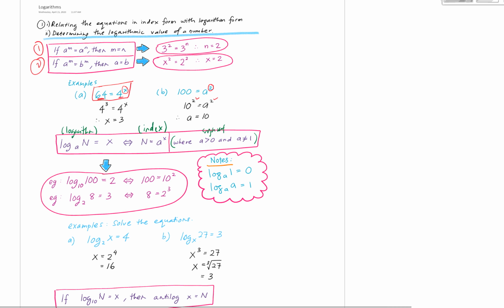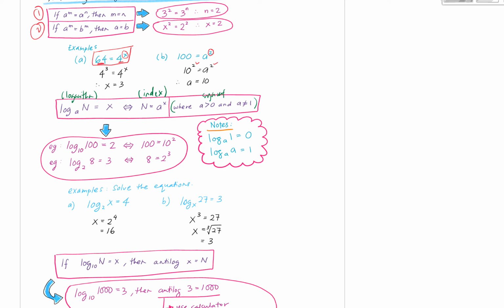Kita tak boleh selesaikan logarithm yang mana log ni involve negative value. Dia mesti positif. So for example, you ada log 10 100 equals to 2. So ini logarithm form.